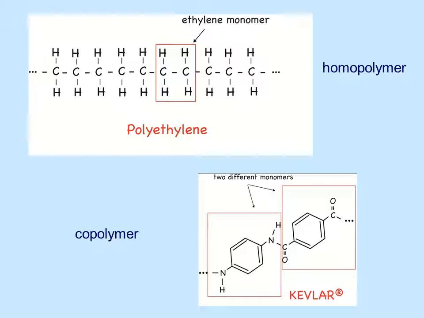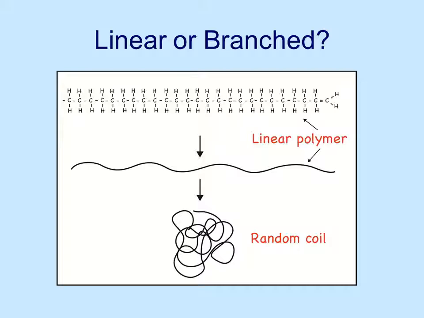Ethylene monomer in polyethylene. This illustrates a homopolymer because all of the monomers are the same. They're all ethylene monomers. On the other hand, Kevlar is a copolymer because Kevlar has two different monomers in it.